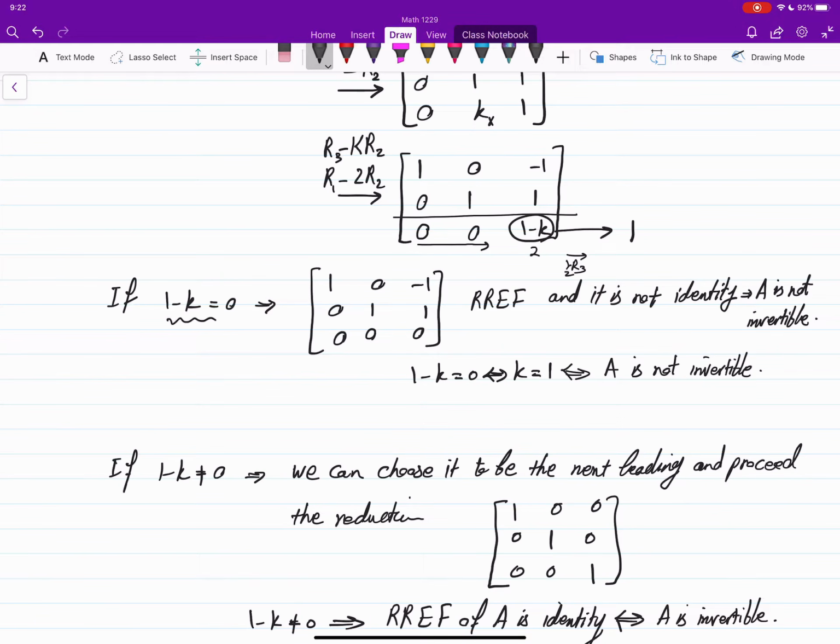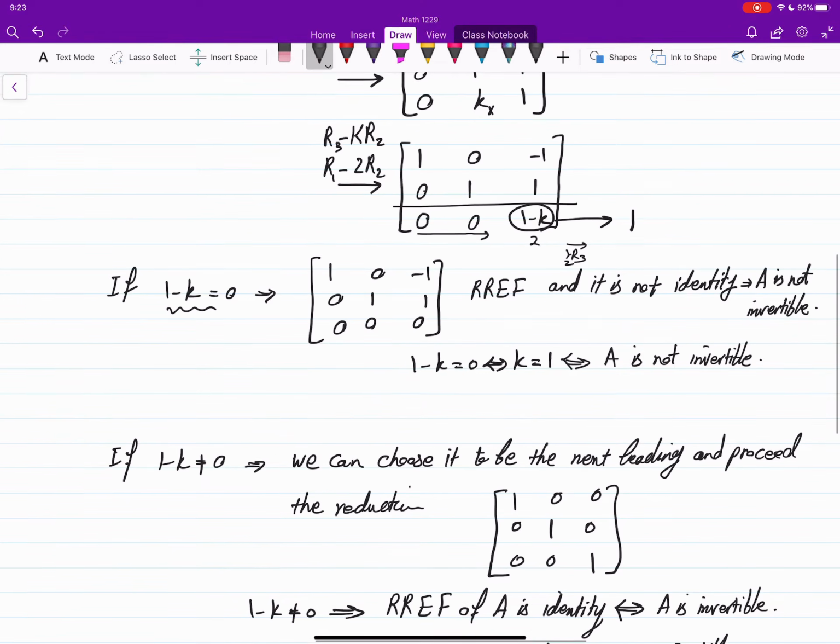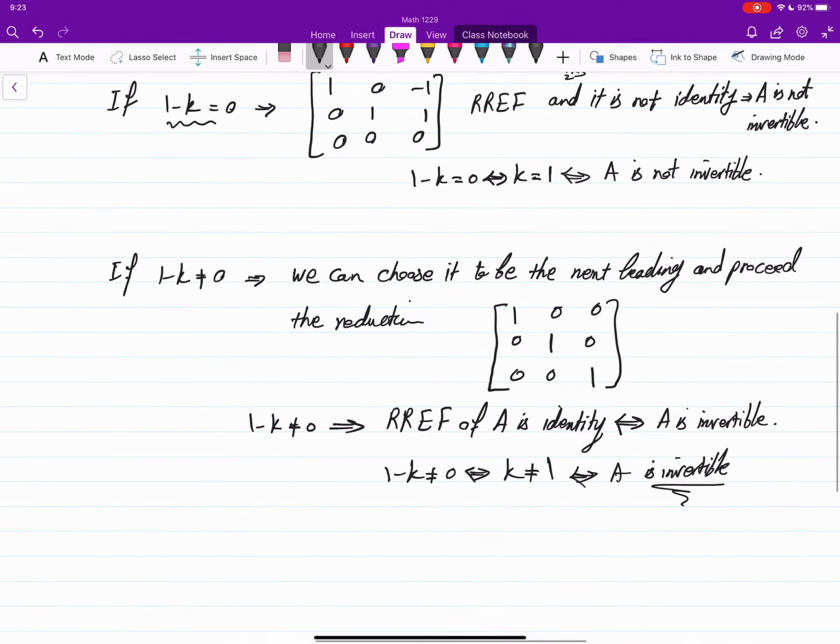So you should not set 1 minus k to be equal to 1. That will be an entry to be the next leading one. It need not be equal to 1. Any non-zero number can be chosen to be our next leading one in that case. So that means we have to consider 1 minus k being anything but 0.